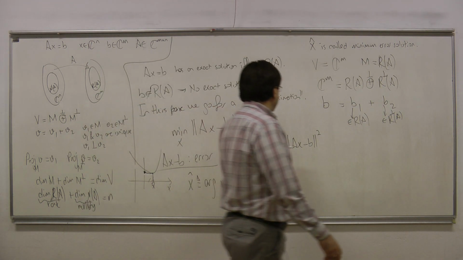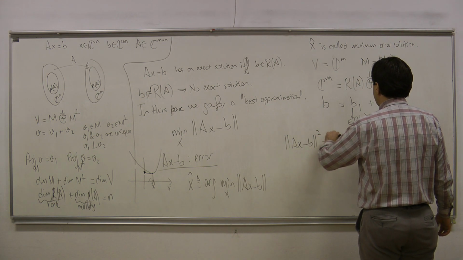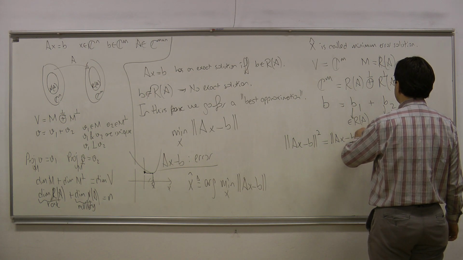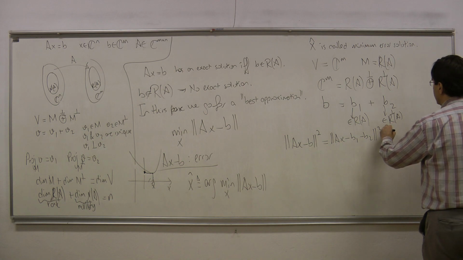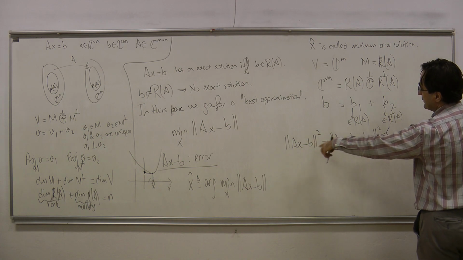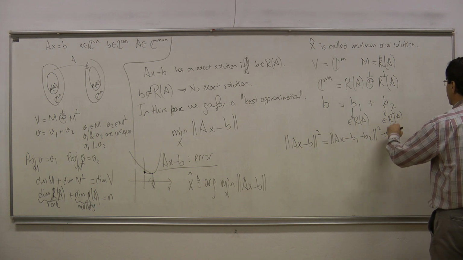So here the square of AX minus B is equal to AX minus, instead of B, I will write B1 minus B2, okay, square. And now, this is the L2 norm here, and I'm going to use the L2 inner product property.